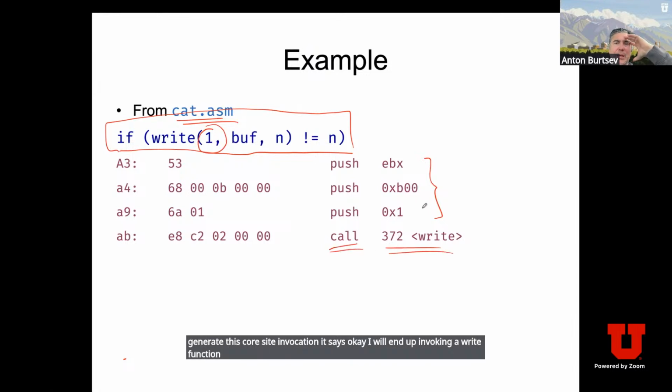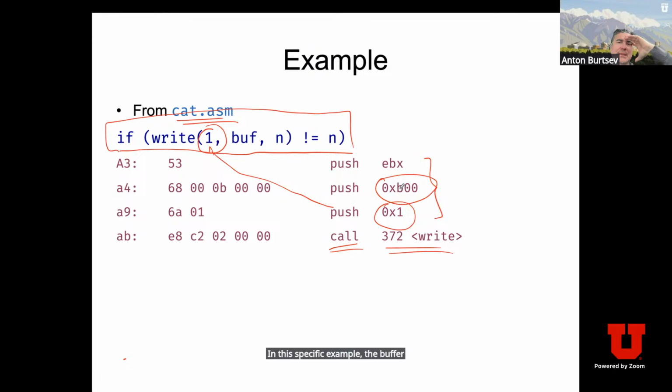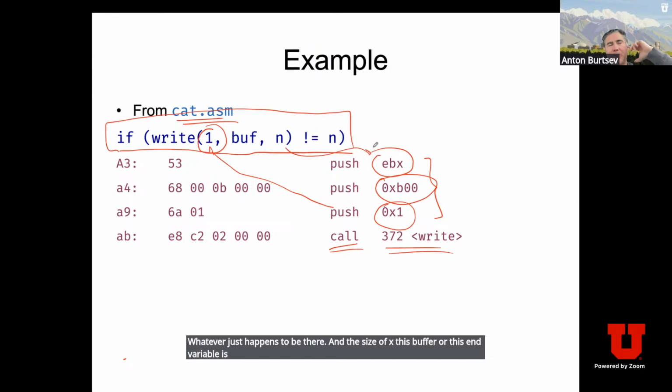I will end up pushing 3 arguments. This 1 is the file descriptor, a constant. In this specific example, the buffer is a static variable, so it's 0xb00, whatever, it just happens to be there. And the size of this buffer, this n variable, is in the EBX register. We probably computed the size, right? So this is what the compiler generates for the call site.